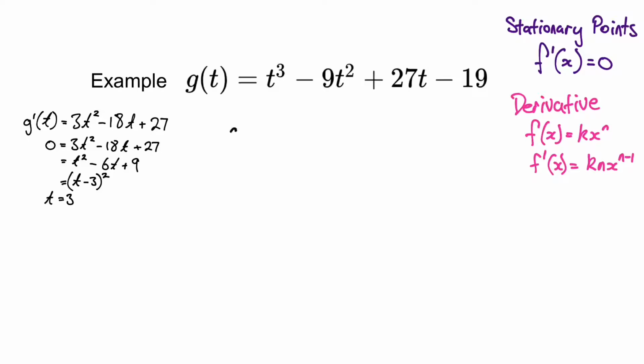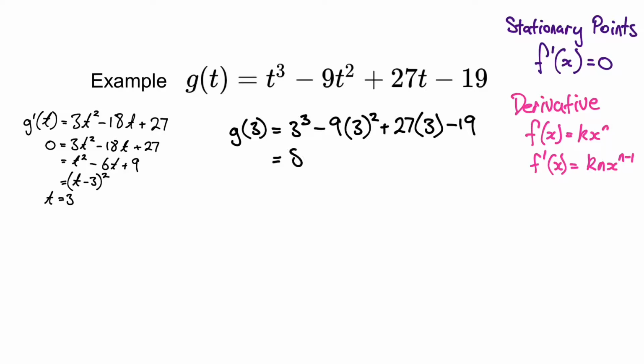So our g of 3 is going to equal 3 cubed minus 9 times 3 squared plus 27 times 3 minus 19, which, solving that, gives us a value of 8. So this means that we have a stationary point at the point 3, 8.